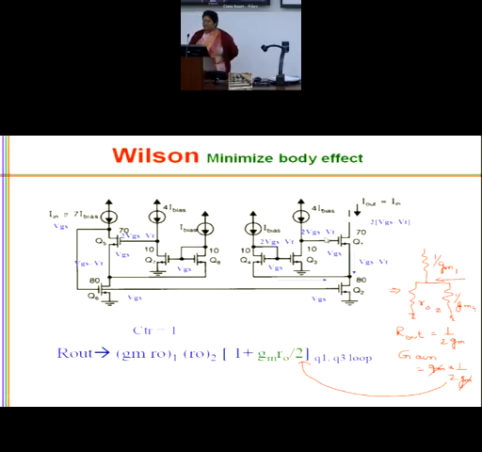And to create this voltage, 1 VGS plus 1 V overdrive, the same voltage I need here, so I simply replicate this circuitry over here. Or you may not replicate, you can go for another solution that I showed you in the last class. But we try to have matching, so we try to have the same circuitry for the reference as well as for the biasing arm.